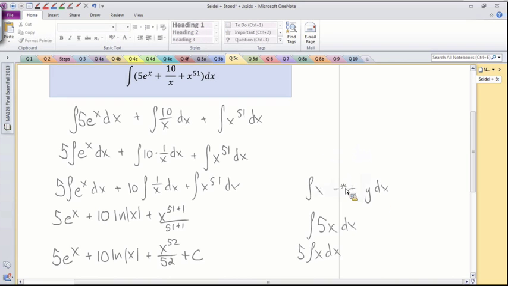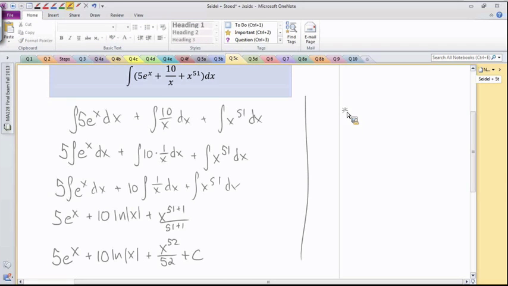So just imagine if there was a coefficient for the integral of x to the 51. This is just side work. Imagine if we had the integral of 5x to the 51 dx. Now we can move the 5 outside of the integral: 5 times the integral of x to the 51 dx.